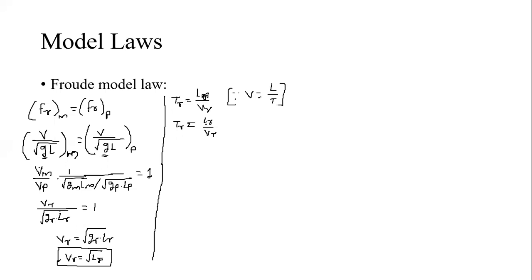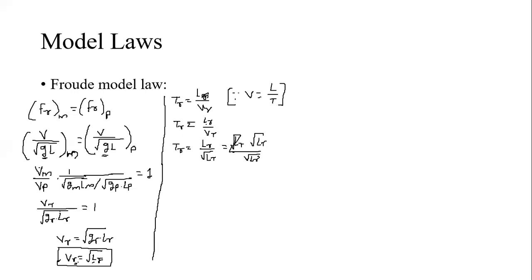Now we know the length scale ratio and the velocity scale ratio. The velocity scale ratio is root Lr. So the time scale ratio Tr is equal to the length scale ratio divided by the velocity scale ratio, which is Lr divided by root Lr. That is root Lr into root Lr divided by root Lr.